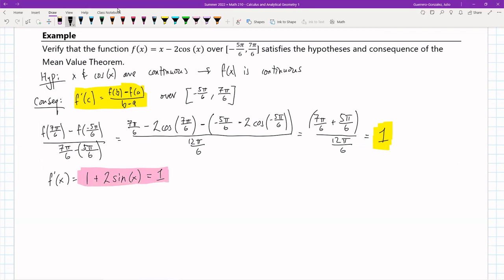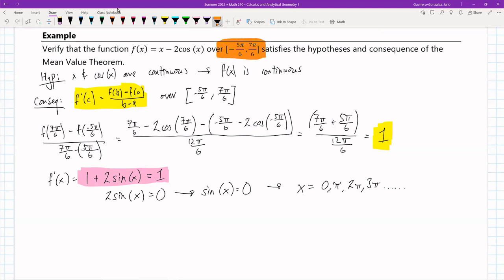So therefore, 2 sine of x is equal to 0. The only time this happens is when sine of x is equal to 0, and the only time that happens is x is 0, pi, 2 pi, 3 pi, and so on. Now, the idea is it had to live in here.